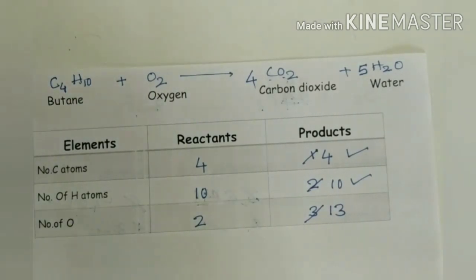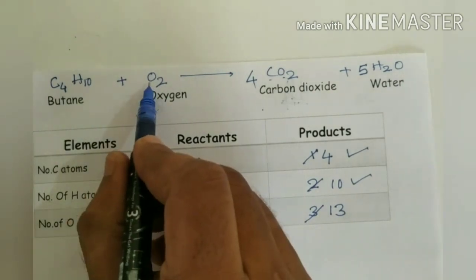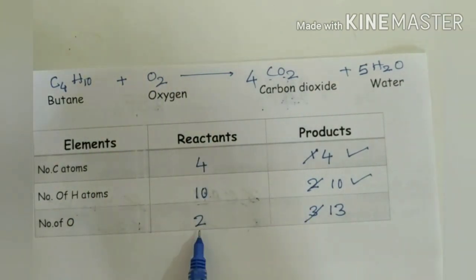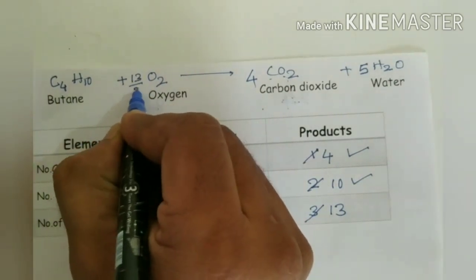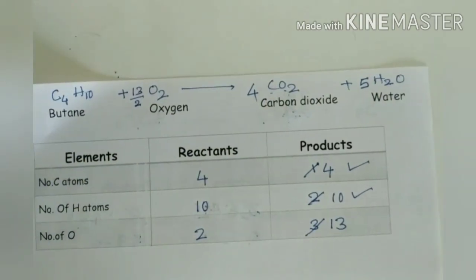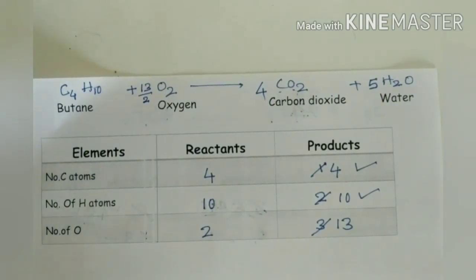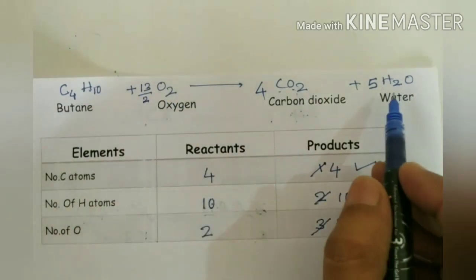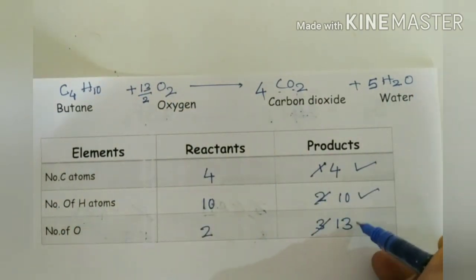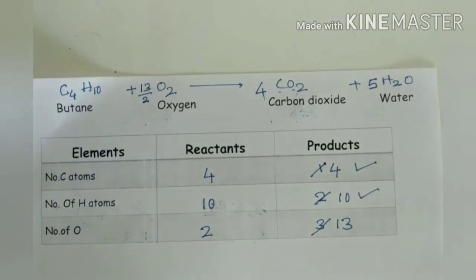Yes, to this oxygen we write 13 by 2. Half of this, when multiplied by 2, gives the total of 13 oxygen atoms.